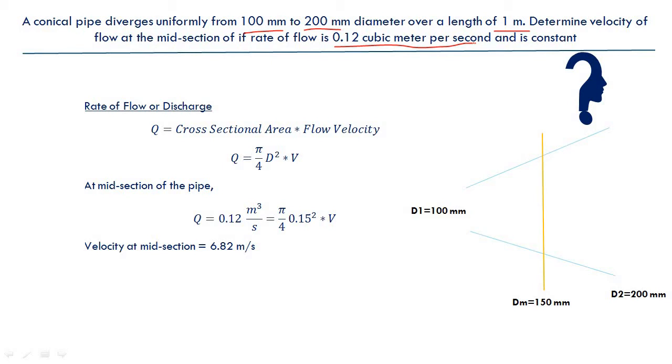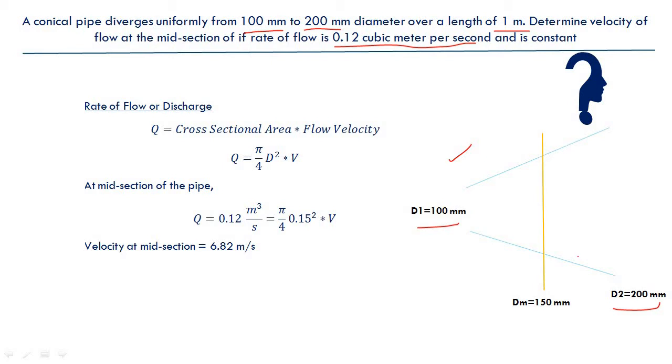It's a very simple problem. What is given here? You have a gradually diverging pipe, and so this is the representation of this gradually diverging pipe. So it is diverging from D1 diameter 100 mm at inlet, and at the outlet the diameter is double, that is 200 mm, that is D2.